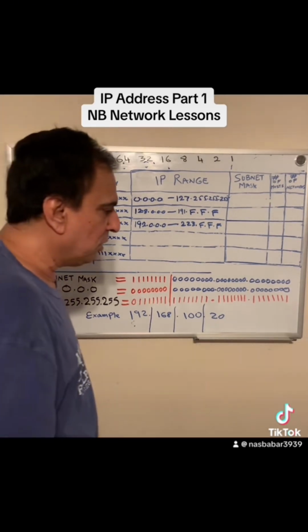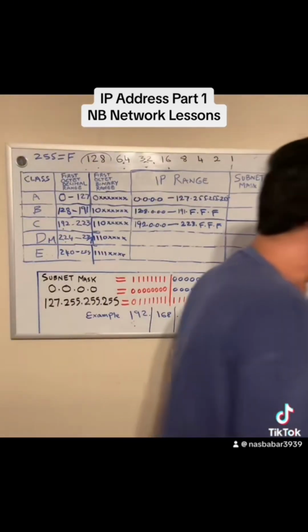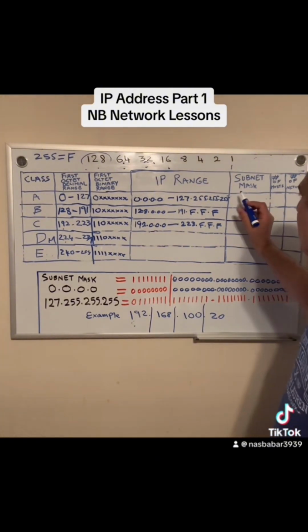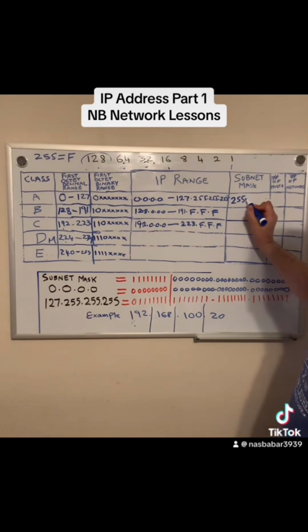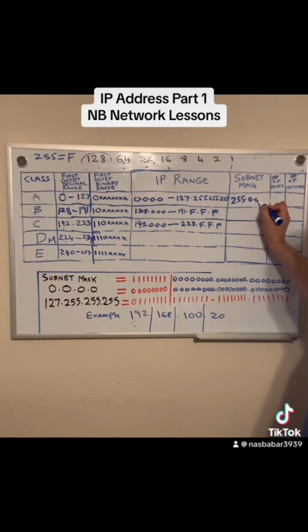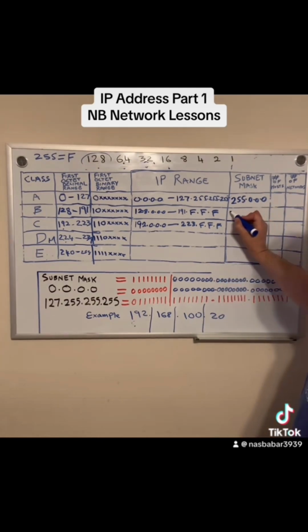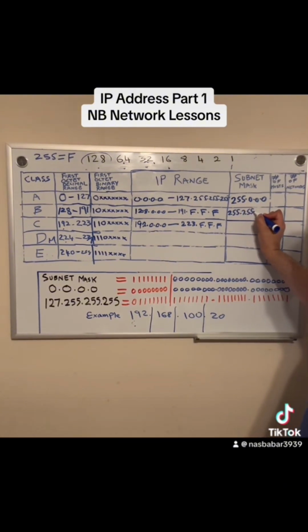So now we're going to talk about the default subnet mask, which is going to go in this column right here. The default subnet mask for class A is 255.0.0.0. For class B, it's going to be 255.255.0.0.